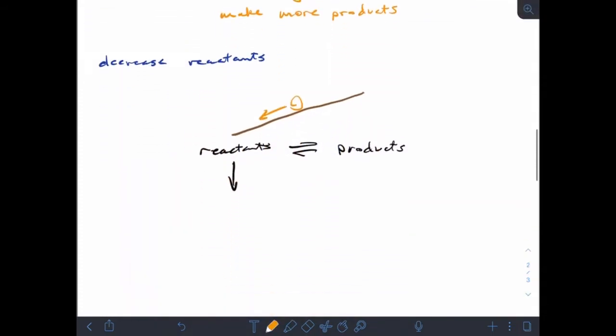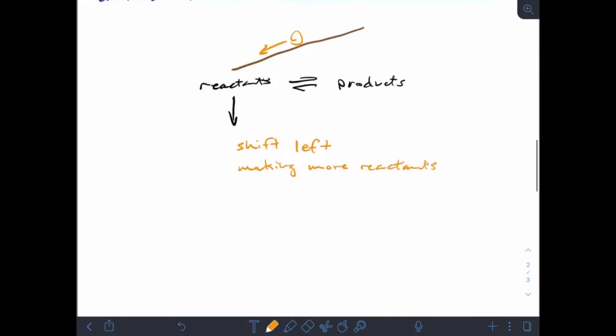So if I decrease reactants, I shift left, and so it will respond by making more reactants. The equilibrium wants to have itself balanced out.